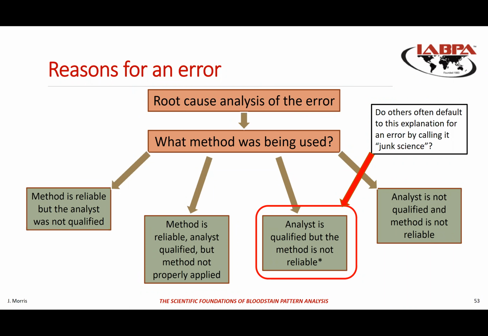In my personal studies, as I look at the errors that have occurred in my discipline, many times it is because the analyst made a mistake. The method was good, but either the analyst misapplied the method or the individual was not properly trained and qualified. And that's why the error occurred.